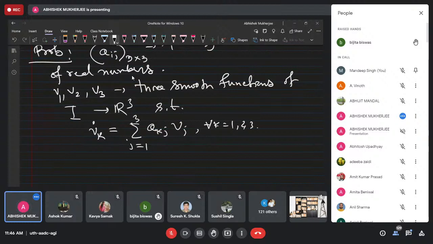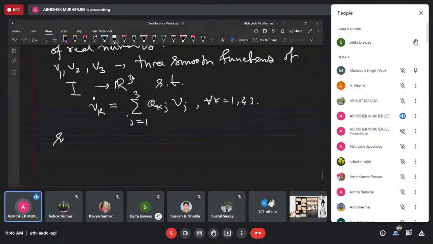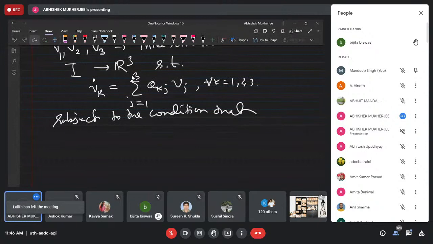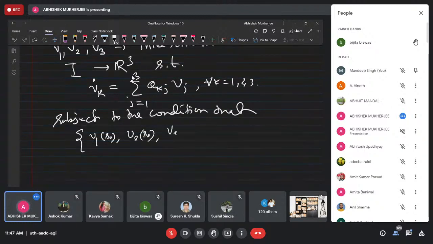So this is true for each of these functions, subject to the condition that at the initial situation, that means at some S naught, the functions V1 S naught, V2 S naught, and V3 S naught will be an orthonormal set of vectors.